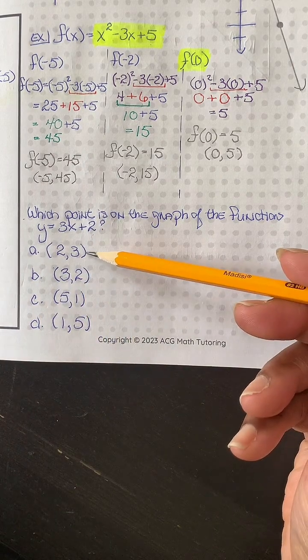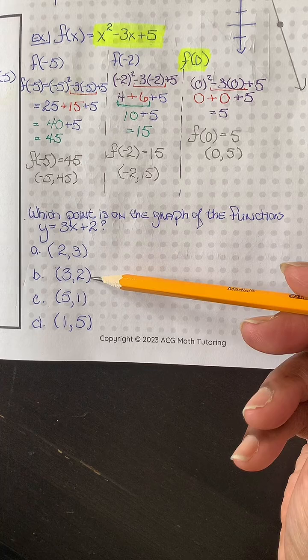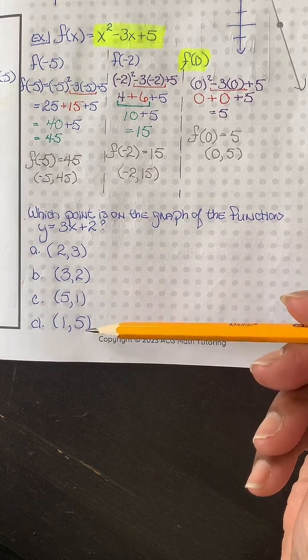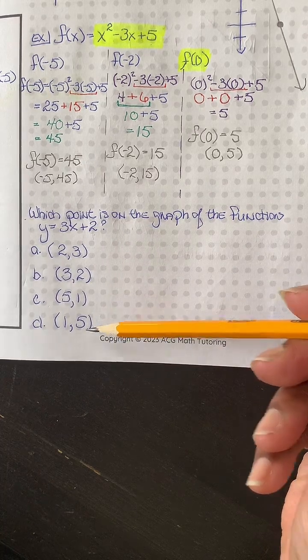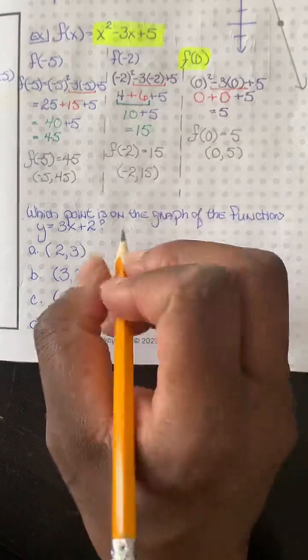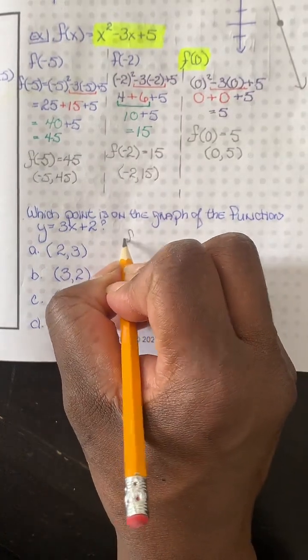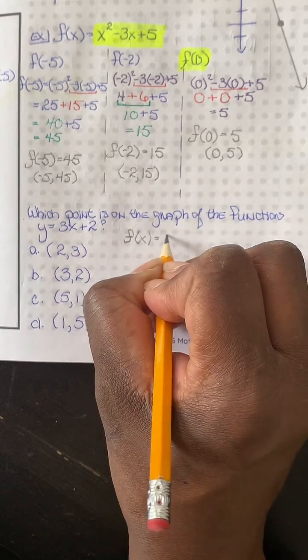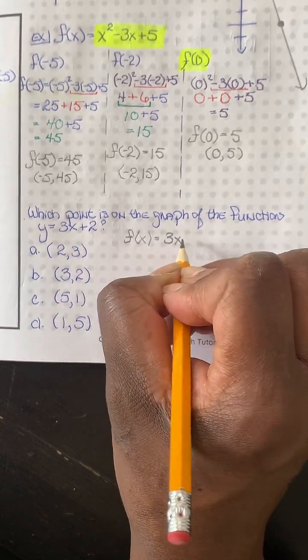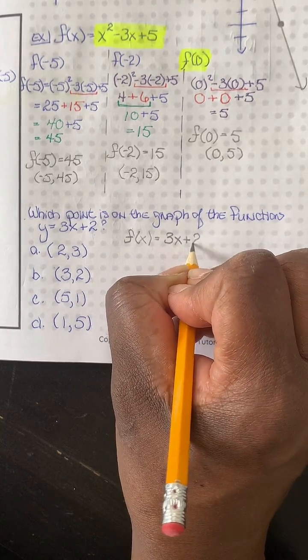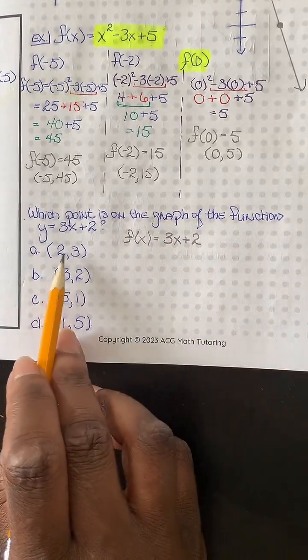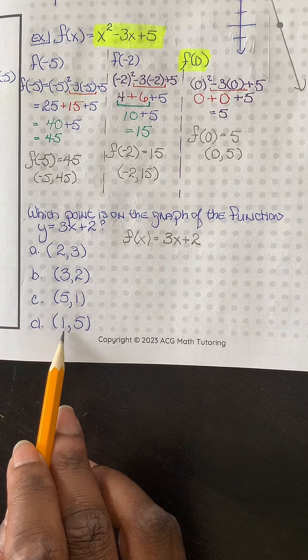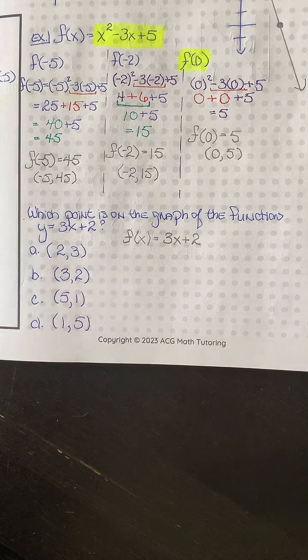So I have 2, 3, 3, 2, 5, 1, and 1, 5. So if my function, let me write it properly, if my function is 3x plus 2, and I'm giving you the input, which one will give me the appropriate output?